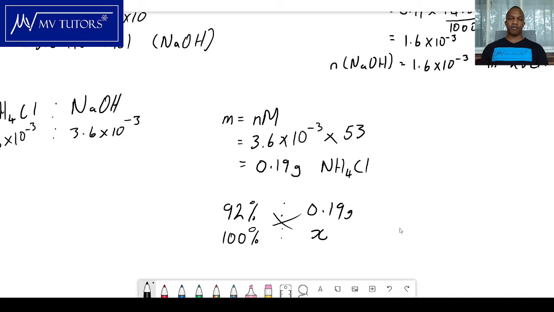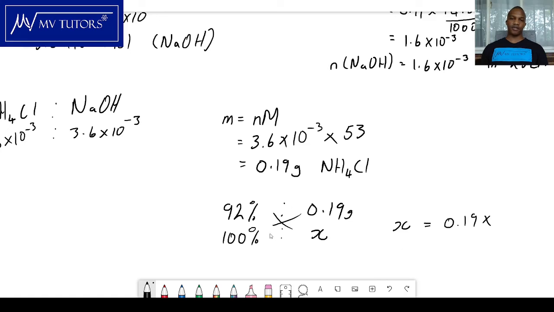So in cross multiplying, we will have x is basically equal to 0.19 times 92%, divided by, oh no, it's the other way around, because you actually multiply it with the 100%.